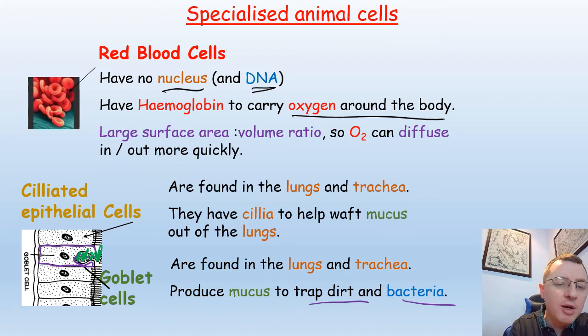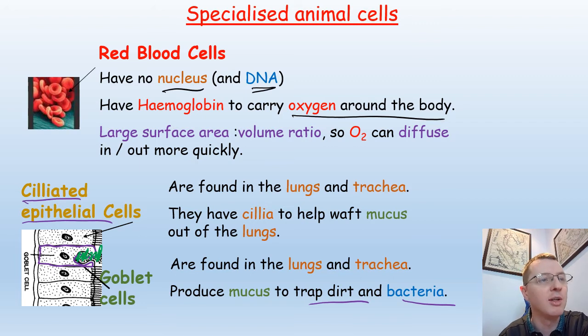The next cell along is a ciliated epithelial cell. Epithelial means sort of outside or skin cell, so this is coating the outside of your trachea, that's touching the air. You'll notice it has a number of projections here called cilia, and the cilia work together and move and waft the mucus up and out of the lungs, so we can remove all that trapped dirt and bacteria.